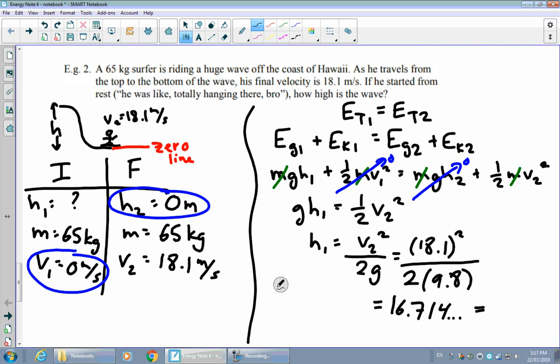So the only measured value that we used was the 18.1 meters per second, which actually had 3 sig digs. So I'm going to round this off to 16.7, and remember that that's a height. So specifically, that's 16.7 meters. So it's telling us that the total height of the wave, or the height that the surfer started from, was 16.7 meters.